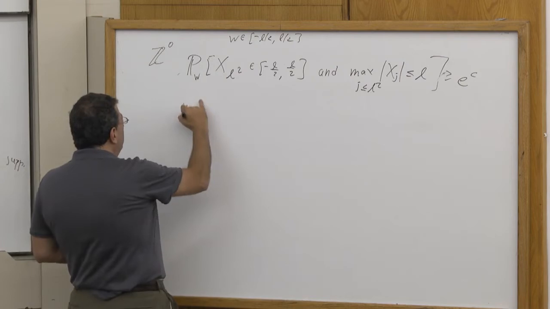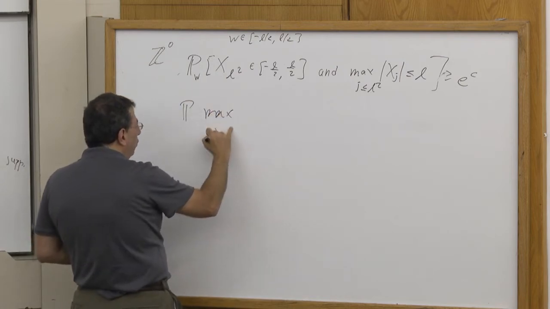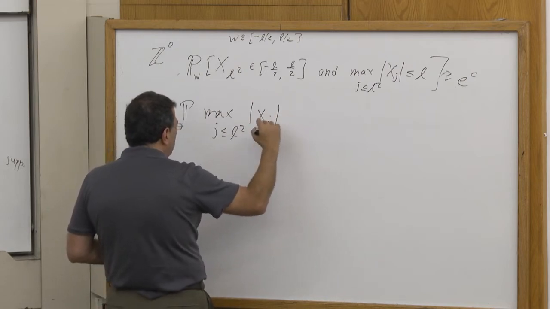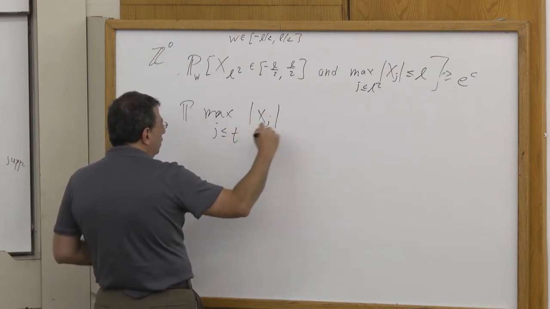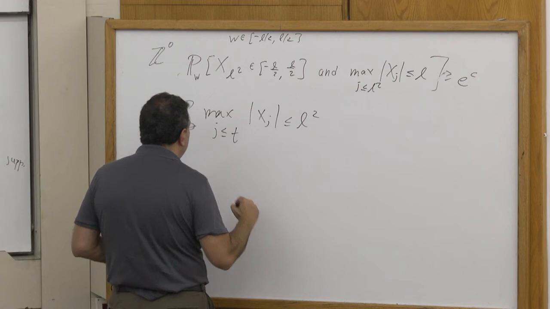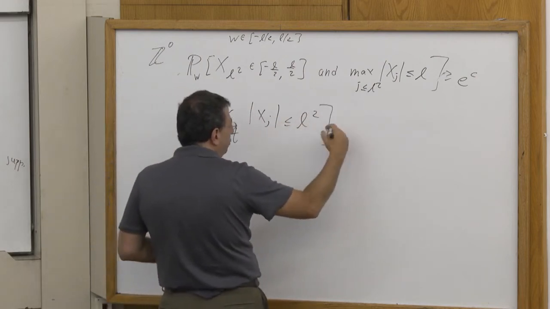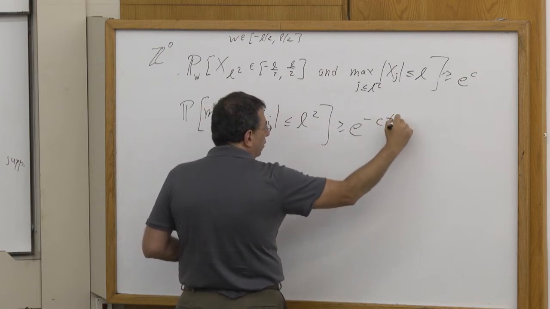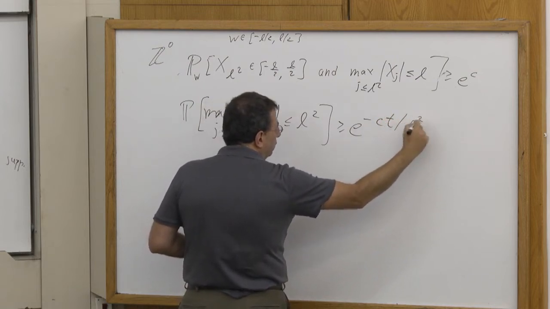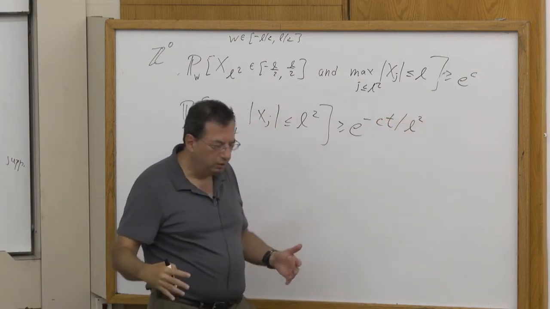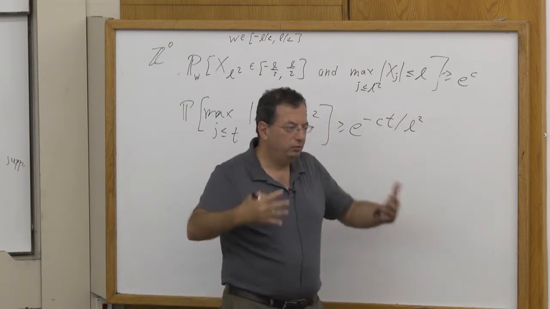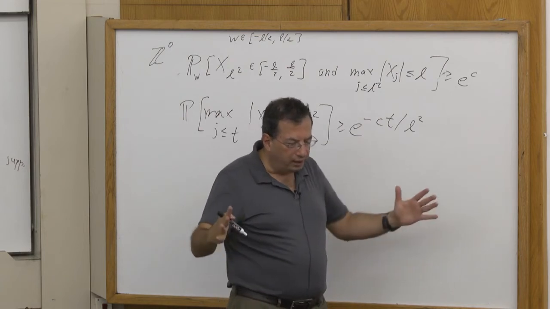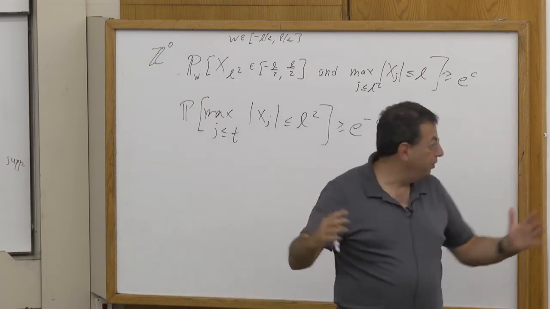So we get that the probability that the maximum over all j less than t of xj is less than L is going to be bigger than e to the minus constant t over L squared. Because we do rounds of length L squared. In each round, we have a constant probability, and we have t over L squared rounds.